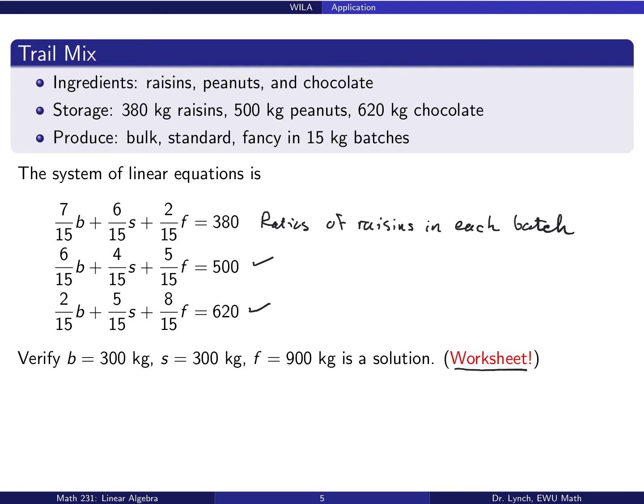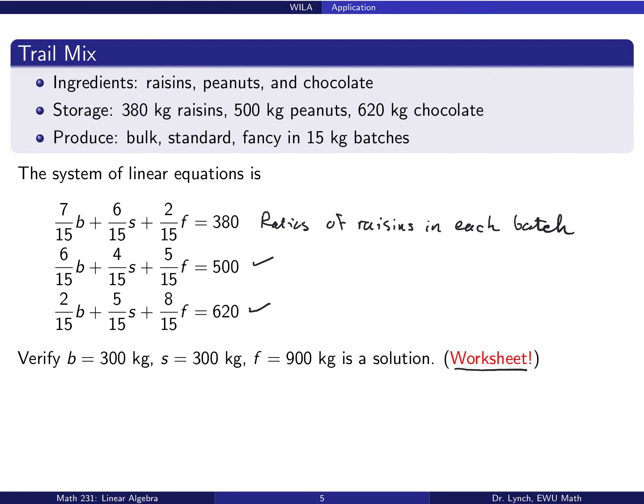So check out Canvas for the associated worksheet, but we'll verify that 300 kilograms of bulk, 300 kilograms of standard, and 300 kilograms of fancy is a solution to this system of linear equations. The way that we'll do that is by substituting in those numbers for B, S, and F, and showing that each equation is simultaneously satisfied.